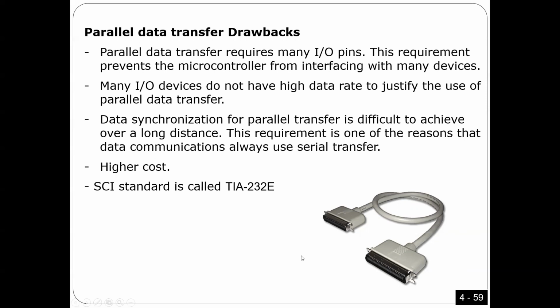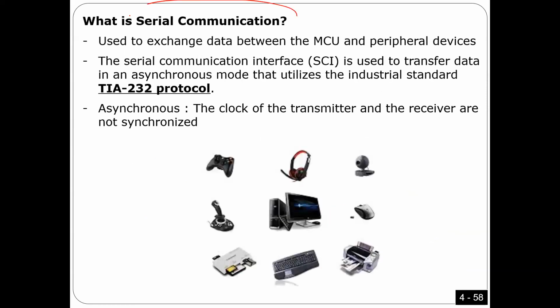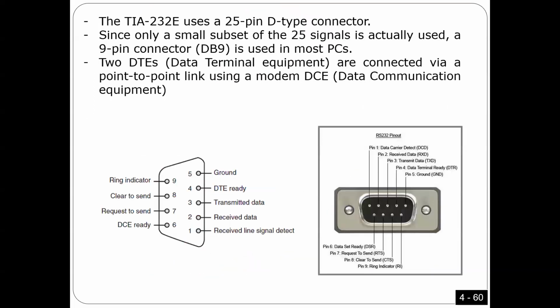For example, if you have a sensor, you don't need such fast communication. Also, as I told you, you cannot connect too many devices. Why? Because as I explained, you need 8 pins to connect only one device. That's why serial communication is more suitable for microcontrollers. That's what I'm going to focus on right now.